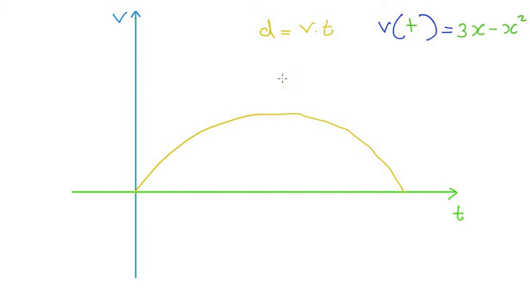Instead, we are going to focus on some examples. So we can find the displacement of an object if we have the velocity and time curve. That's pretty useful.